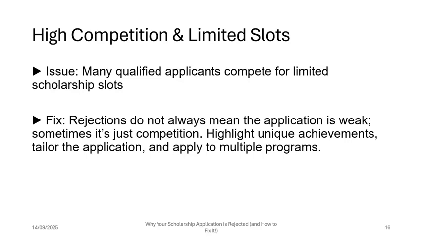What they can do is keep trying and try for some other scholarships, or they can lower their standards a little bit and go for somewhat lower-ranked universities than where they applied before. You can go to the QS rankings or THE rankings to see the rankings of universities, and if your application is being rejected from top 100 universities, maybe you can move to the top 200, and that can help you face less competition, and maybe there are more chances that you will be able to get the scholarship.